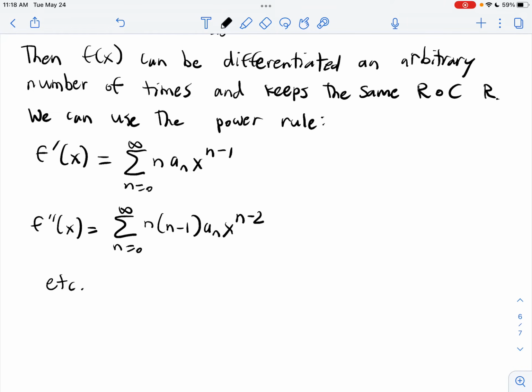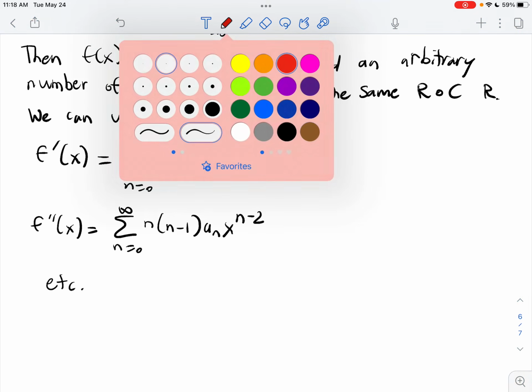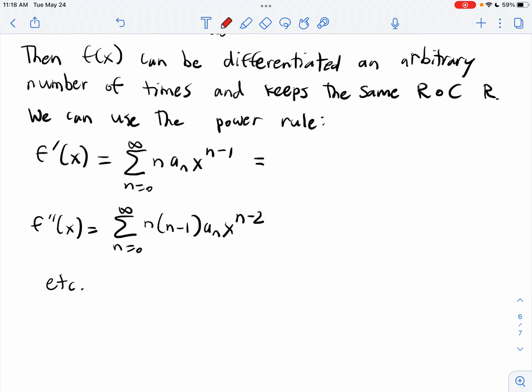Now, one thing I want to note here is that oftentimes we will not really re-index, but we'll start the series at the first relevant point, because when n is equal to 0, of course, that term is going to make the whole thing 0. And so there's no point in starting it from n equals 0. We can actually start this from n equals 1 without losing anything.